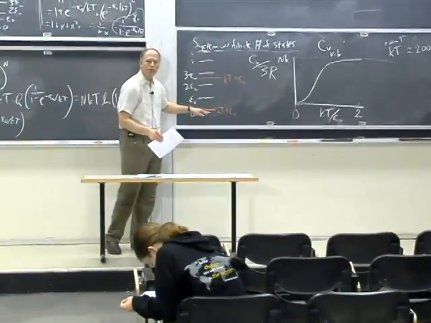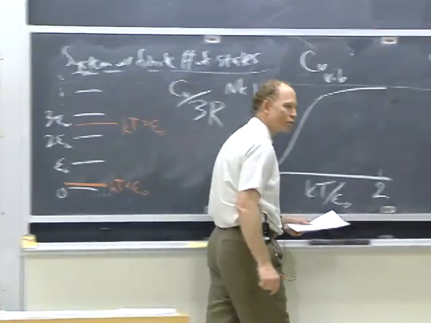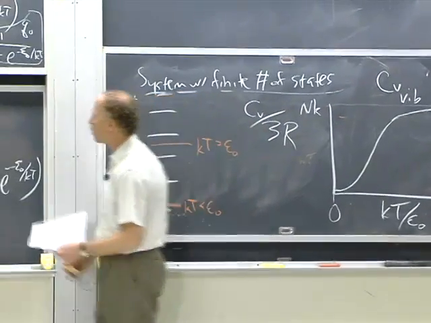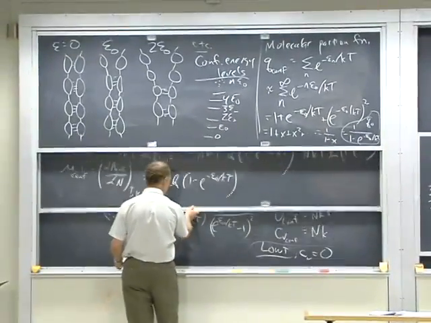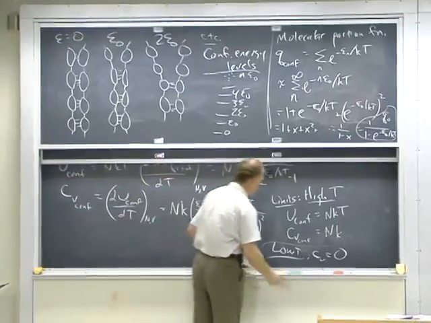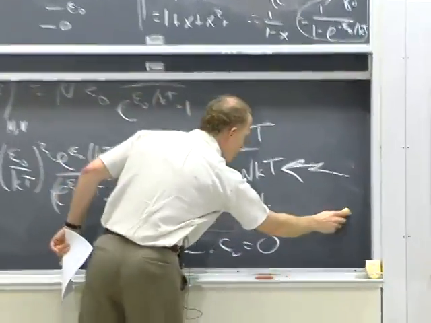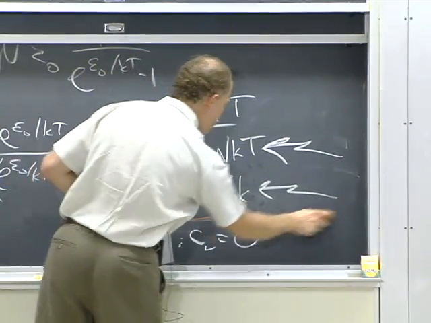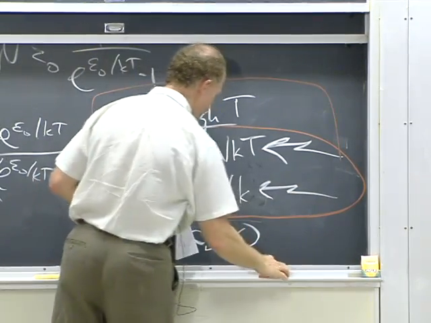So that's the low temperature limit. And now I want to talk a little bit further about the high temperature limit. In particular, I want to talk about both the heat capacity and the energy that we've seen, namely this thing. Of course, it's really the same result for the energy and the heat capacity. They're obviously intimately connected. So these are the high temperature limits.